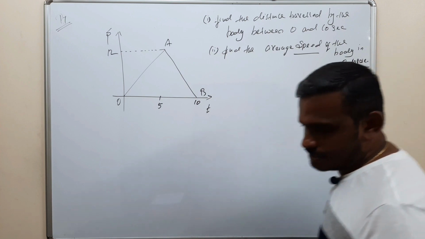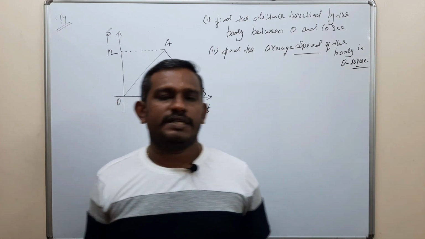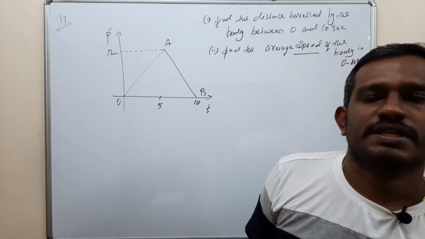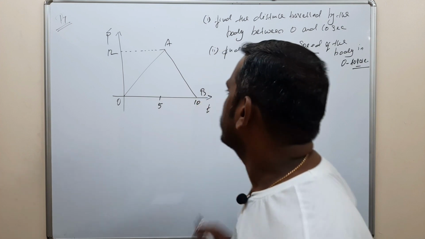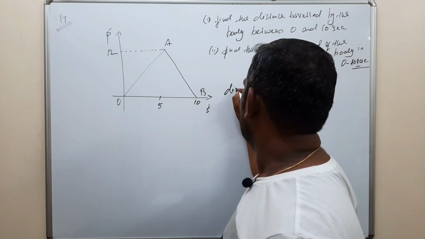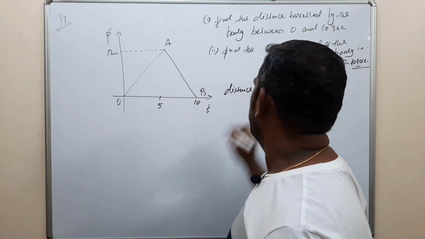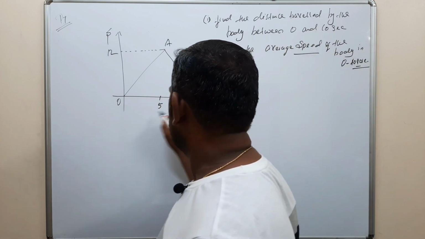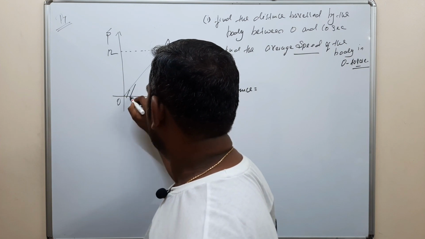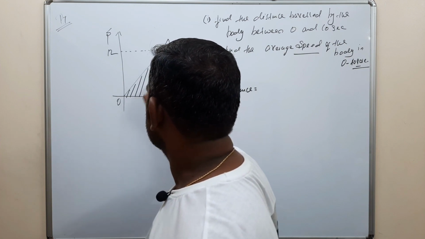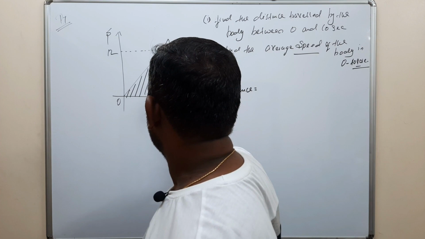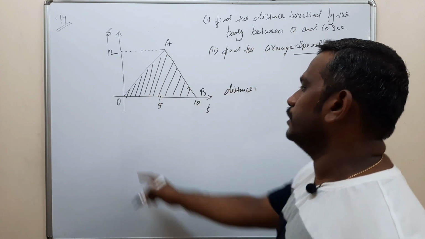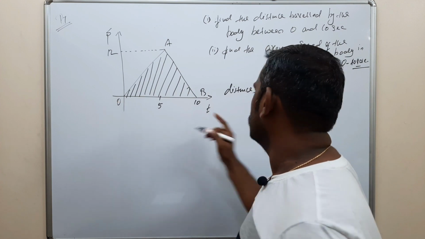Okay, 10 seconds. So we know that the area under the speed time graph gives the distance. So the distance traveled by the body is nothing but the area under the triangle, that is 0 to 10 seconds. So the area under the triangle OAB gives the distance traveled by the body between the time interval 0 to 10 seconds.